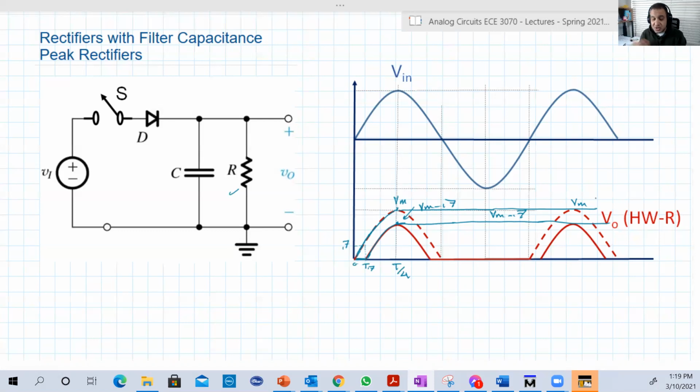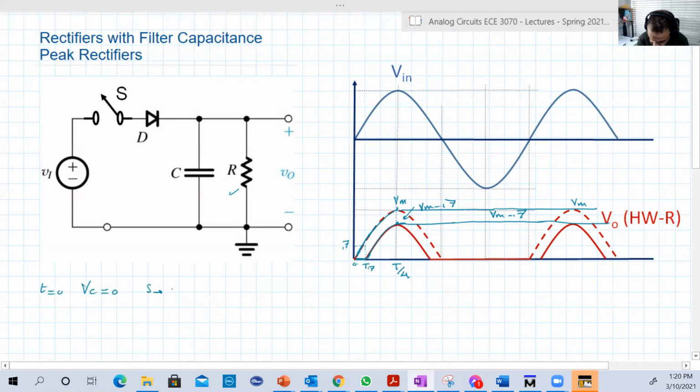Now let's see the situation when we have a load, a resistor, which is not infinity, not an open circuit. Again, we assume that at T equal to 0, VC is equal to 0. Then the switch will close, so this will be a short circuit like this, and the input will be applied.